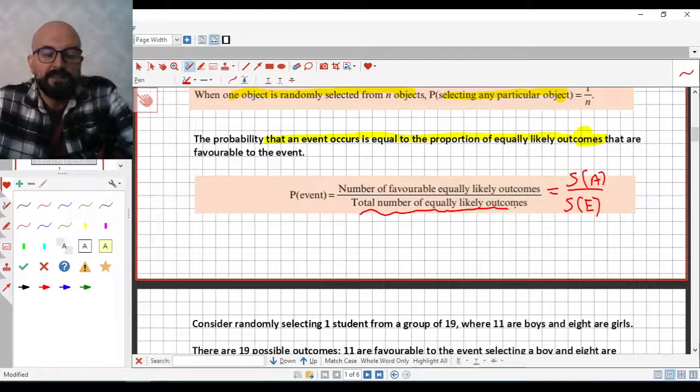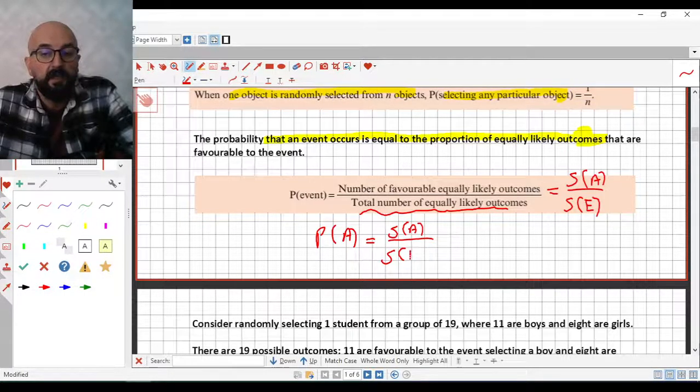This formula gives us the probability of an event. For example, if our event is called A, the probability of A means the number of A over the number of experiments.